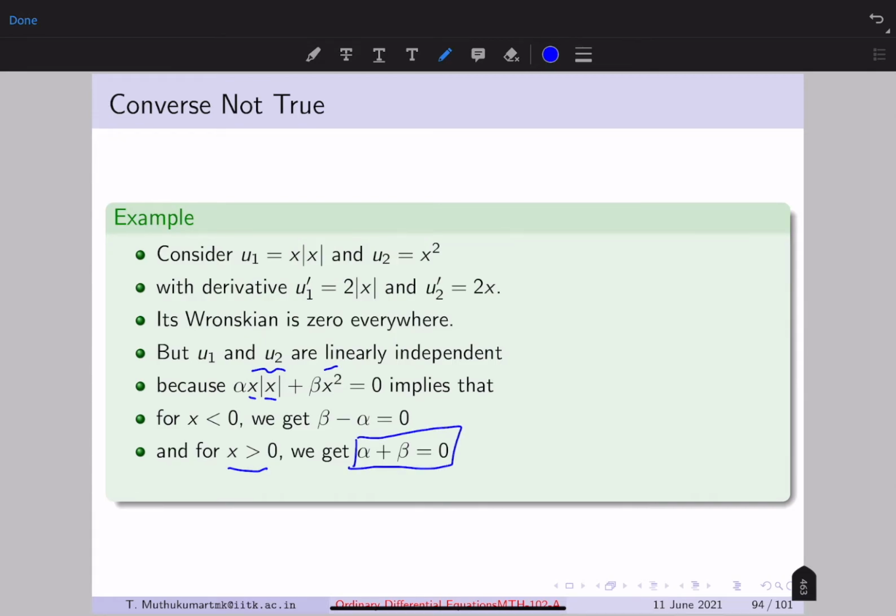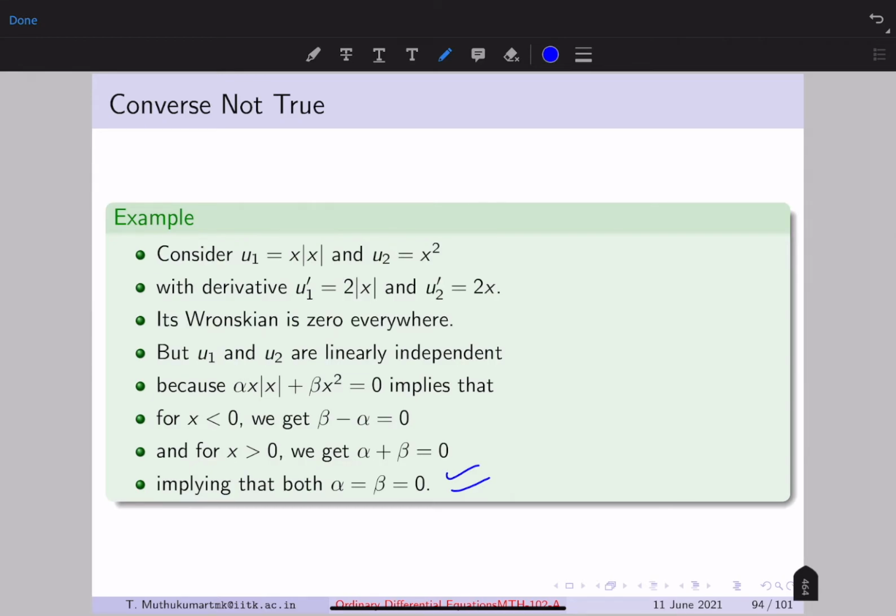So the alpha and beta that appear in this linear combination should satisfy both these conditions. The first condition gives you alpha equal to beta. The second condition gives you 2 alpha equal to 0. So from here you can conclude that alpha and beta are 0.